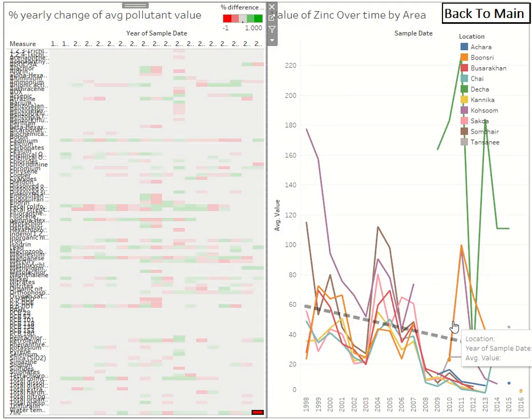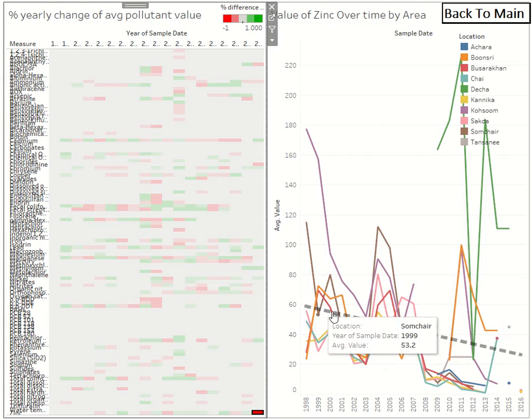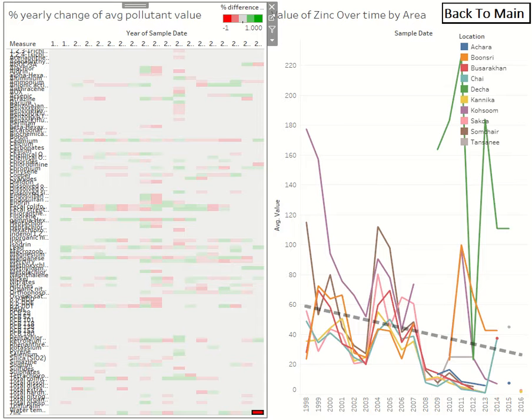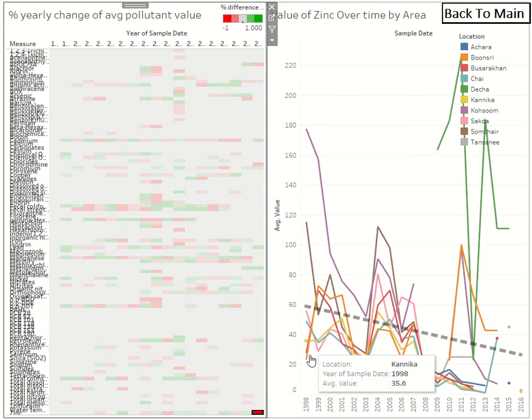What the graph on the right represents now is the value of the measure over time by the different locations. There's a dotted gray line over here which represents the trend line from the first year the measure was sampled to the last year where a value was found.